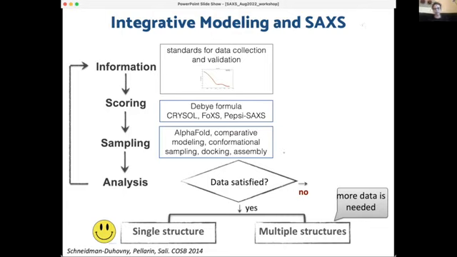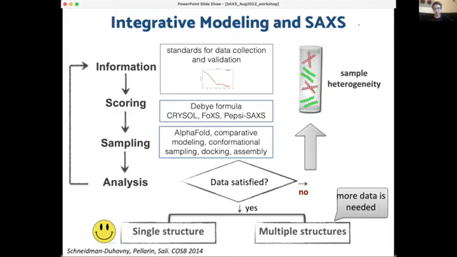But if the data is not satisfied, then we need to think about sample heterogeneity and flexibility. So first, let's try to fit the structure rigid with all the missing parts. If it doesn't work, we go to heterogeneity and we try flexible parts, or maybe it's compositional heterogeneity, monomer, dimer, or other assemblies.